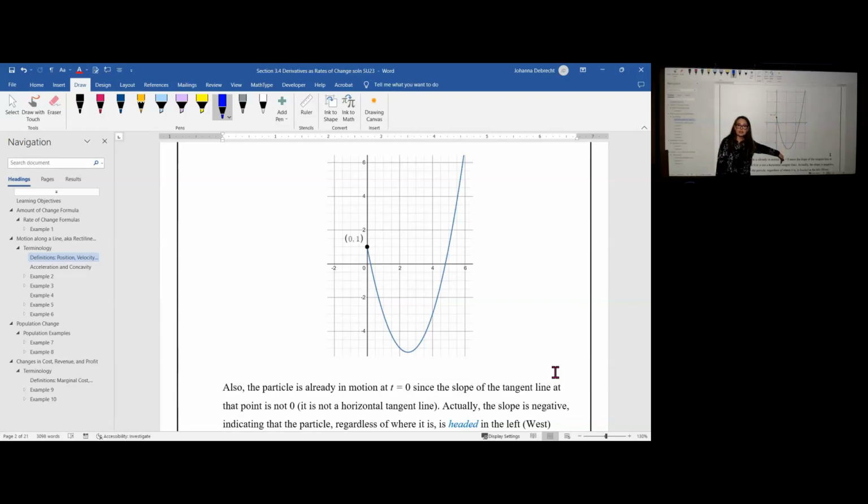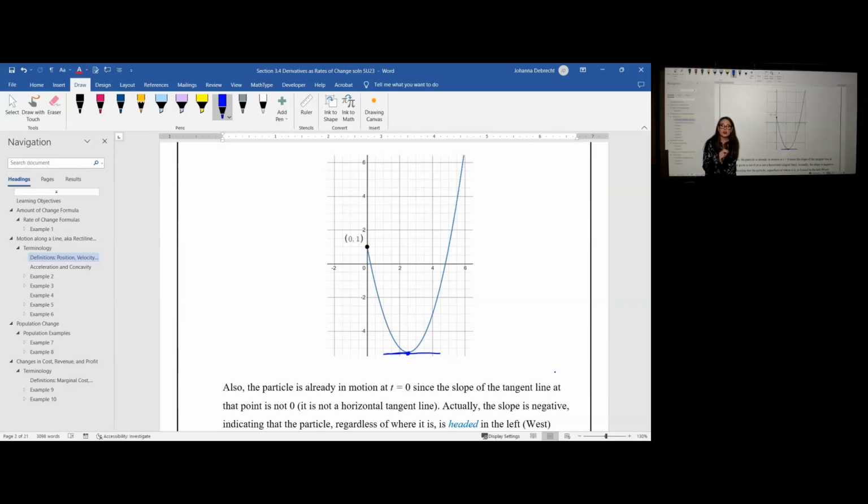The slope of the tangent line is negative, the velocity is negative, which must mean that it's headed out to the west. But notice right here at this point, at one instant, right there at what looks like 2.5, we're going to have a horizontal tangent line. The car must stop at that point.